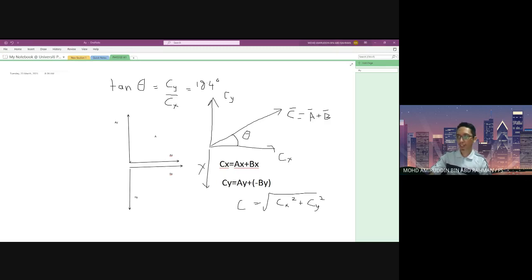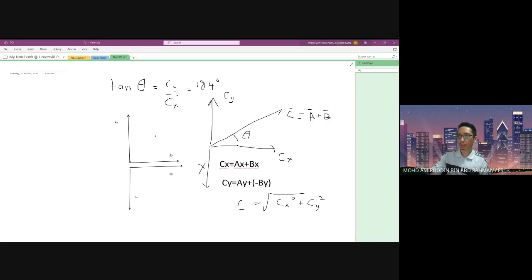So that's your C vector, which equals A minus B.